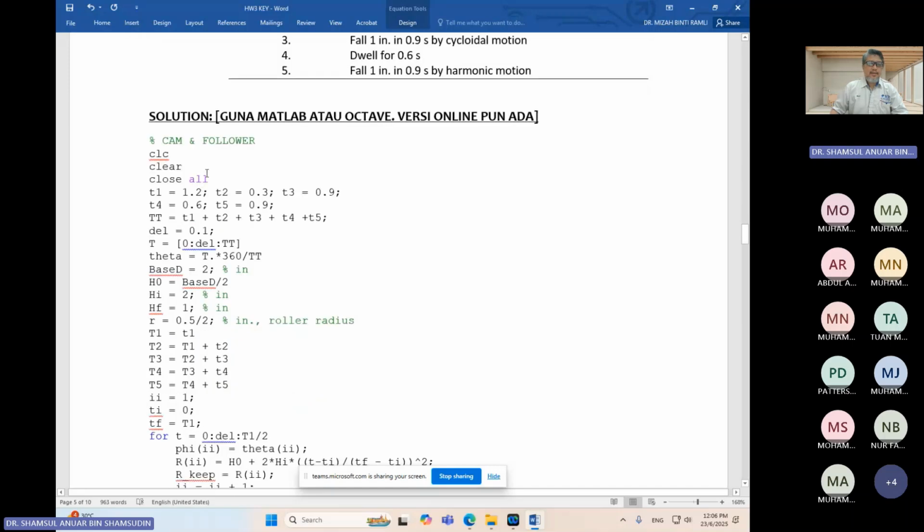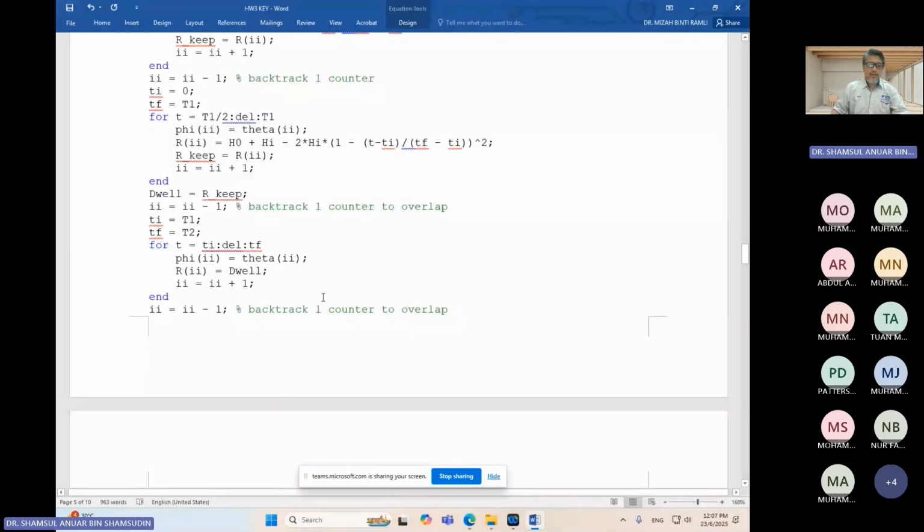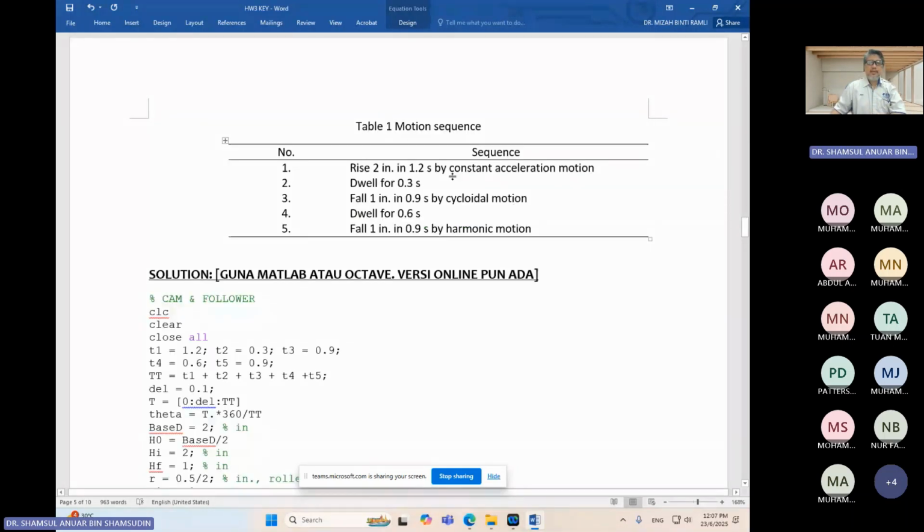So in this solution, I created this, but if you are aware, I have given you the Excel. You can also use that Excel template, but you have to combine because we have different types of motion: the constant acceleration, cycloidal, and also harmonic.